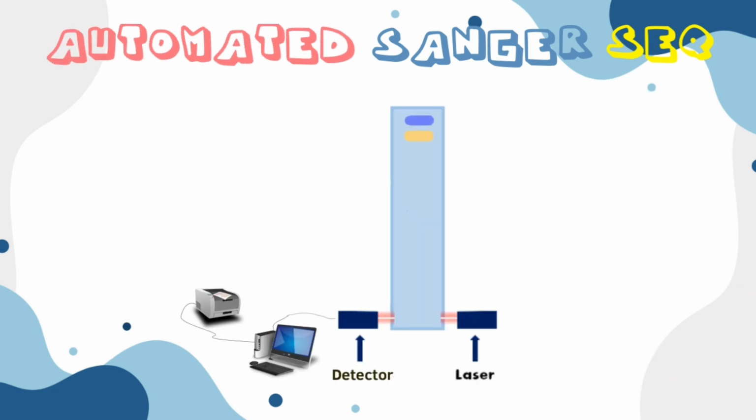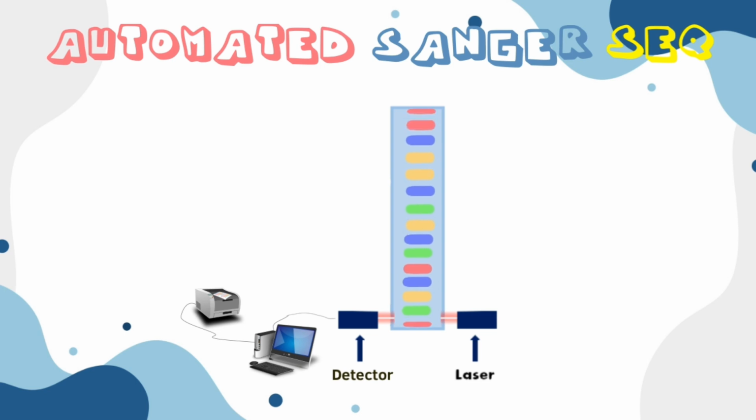As the differently labeled capillary gels pass through the laser and detector, fluorescence will identify each ddNTP. The laser excites the fluorescent marker in each band, and the detector records the resulting emitted light.